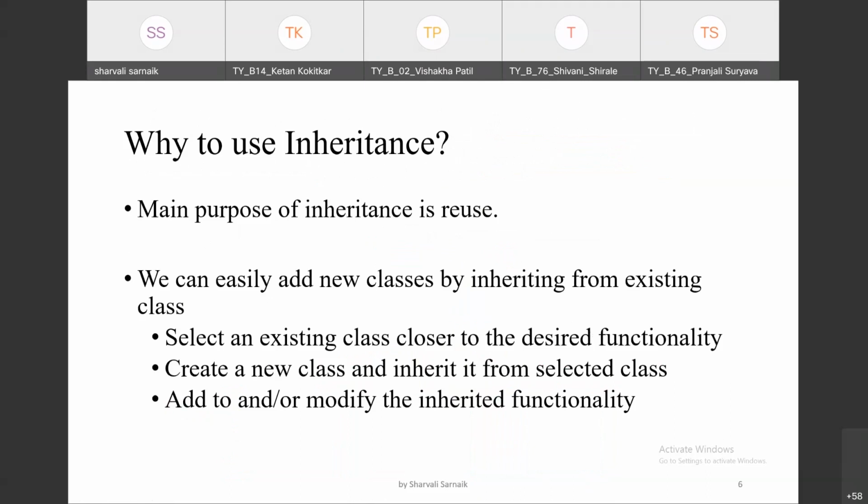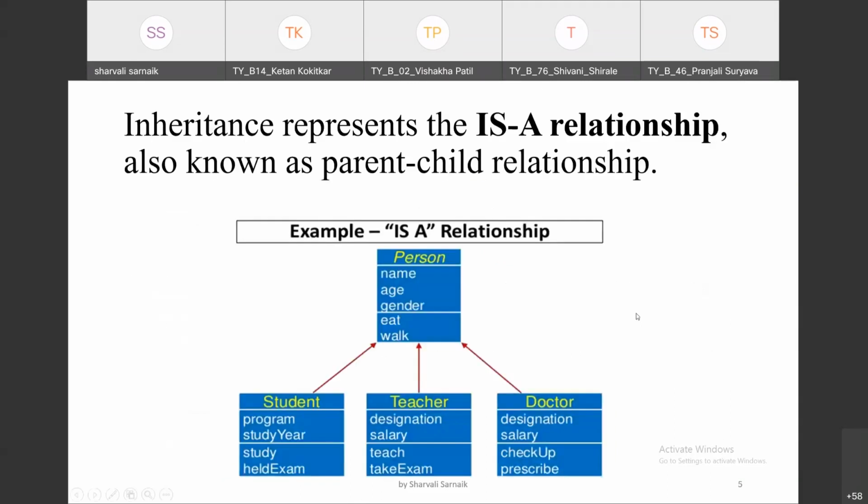Now next comes why to use inheritance. As in the first slide also we have seen, the main purpose of inheritance is reuse. Like in the previous example, we are reusing the properties like name, age and gender. These properties we are reusing in all the 3 classes: student class, teacher class and doctor class.